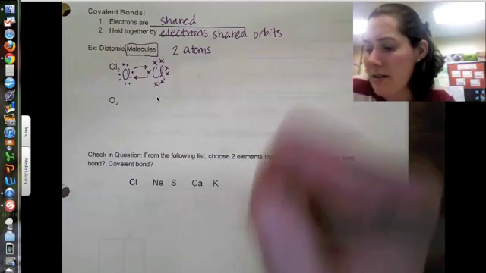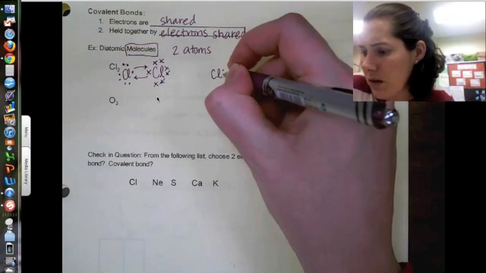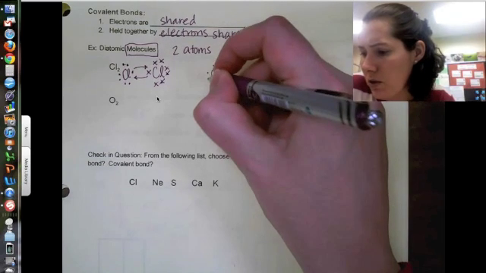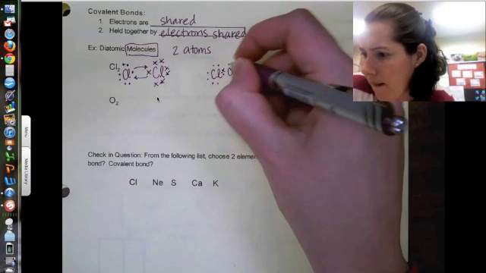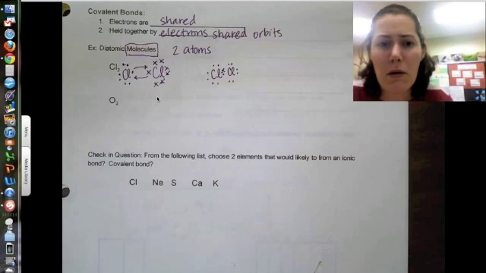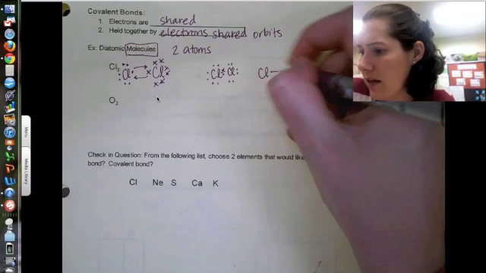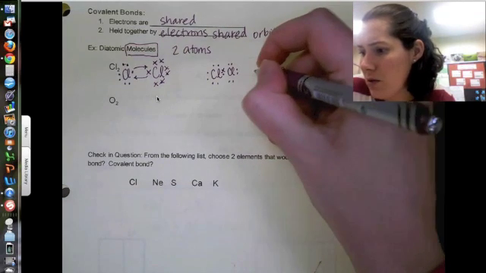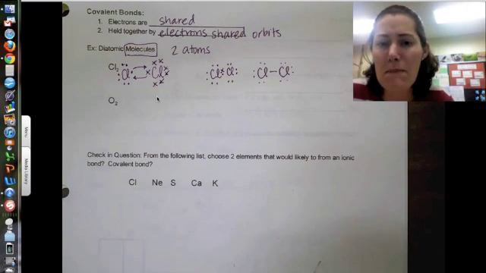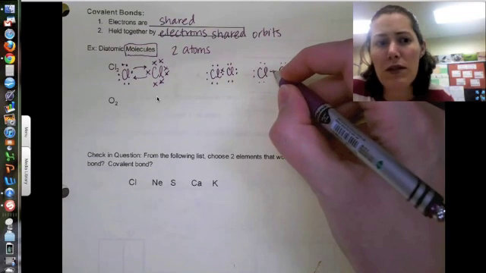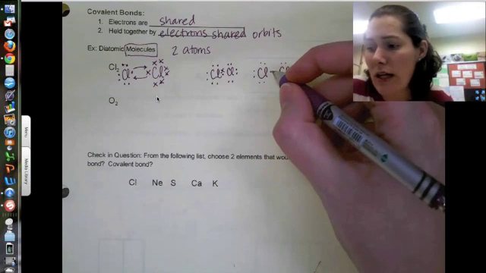And what that ends up happening is we can redraw that to show that this chlorine now has shared those electrons, and that will eventually look like this, where we have a line representing a bond, and this line right here represents the covalent bond. We call this a single covalent bond, this bond between the chlorines.